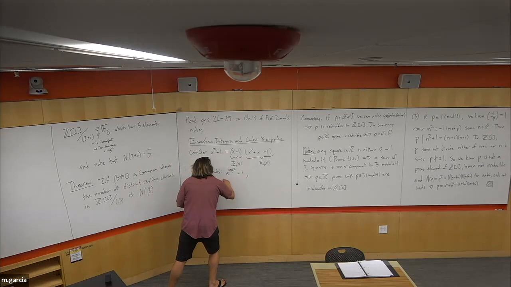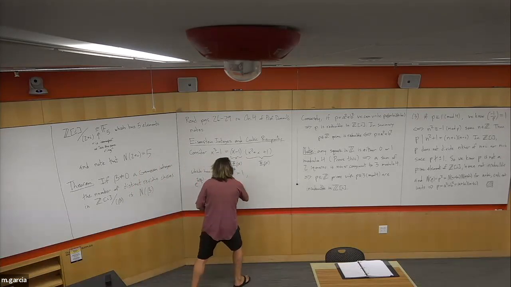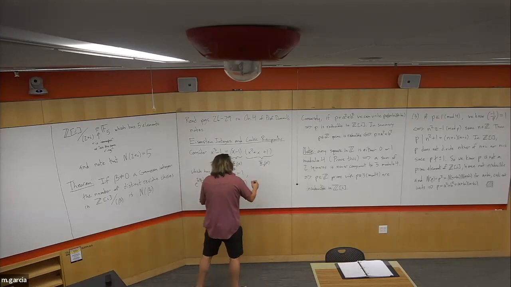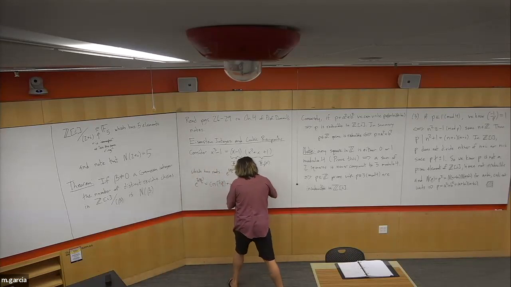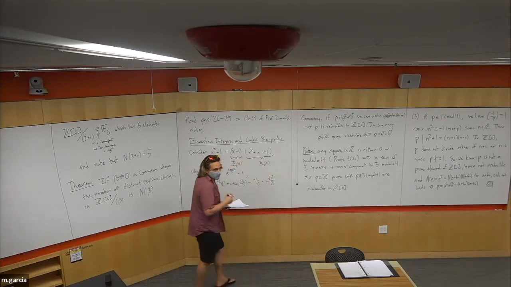Cosine of 2 pi over 3 plus i sine of 2 pi over 3. We actually evaluate this, what do we get? Negative 1/2 plus i times root 3 over 2.